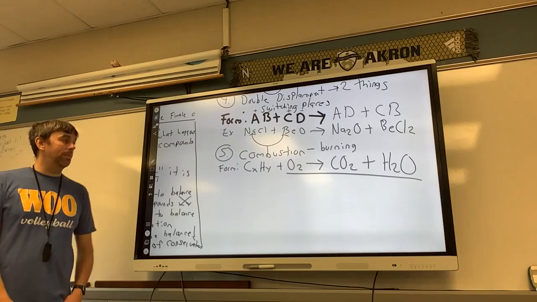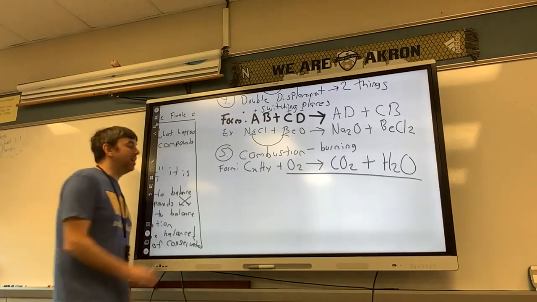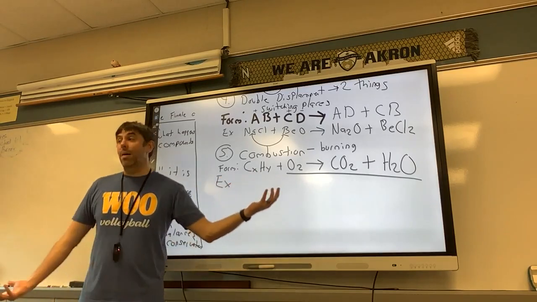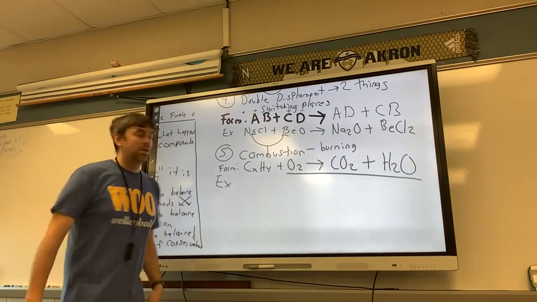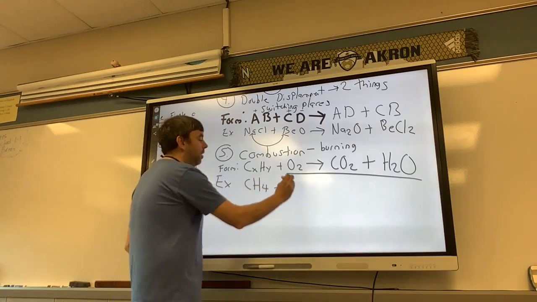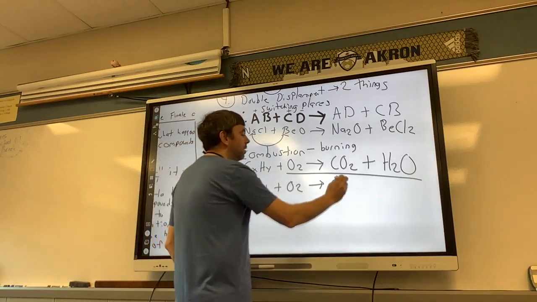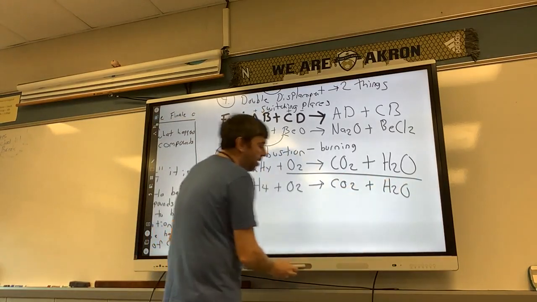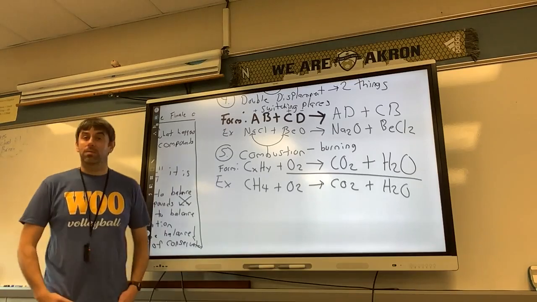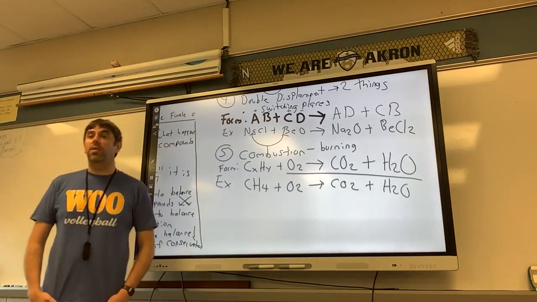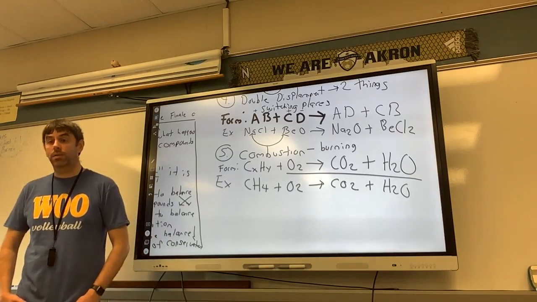If I was going to give an example, instead of x and y, I'd have numbers there: CH4 plus O2 yields CO2 plus H2O. That's a combustion reaction. It's always CO2 plus H2O for the products.